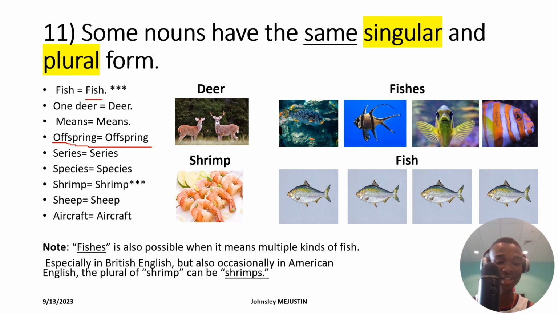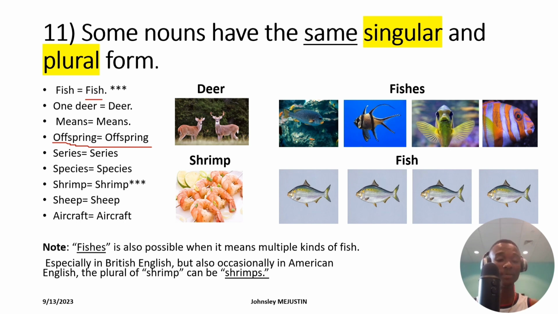Okay, so series, the same thing. Species, this word is a very difficult word to pronounce. Species, it's the same thing. So shrimp, it's the same thing. Sheep, the same thing. Aircraft, the same thing.